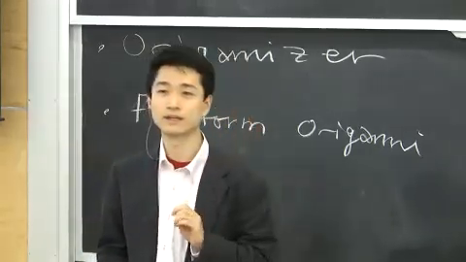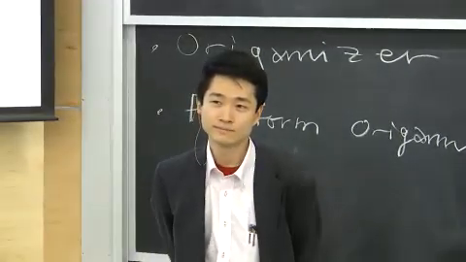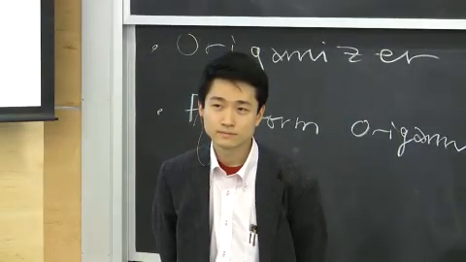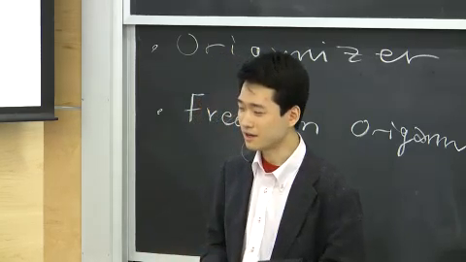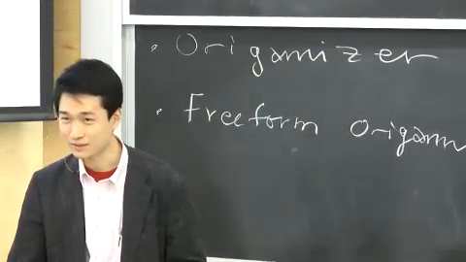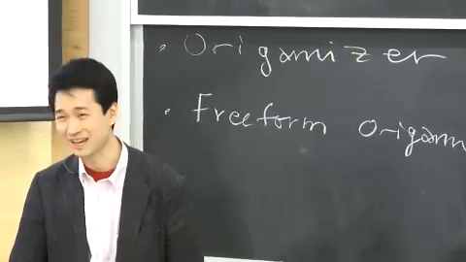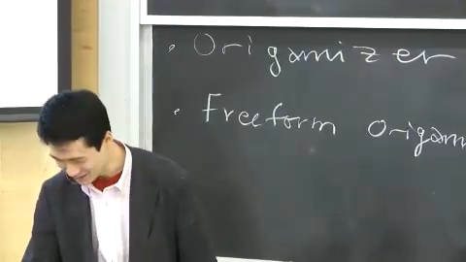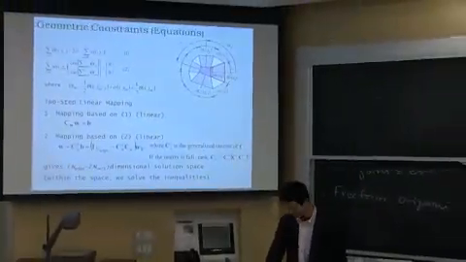Yes? You mentioned that early on in the process, you need to properly lay out the polygons onto a plane. What constitutes a proper layout? So your question is, what is a proper layout? This is basically given by these conditions.